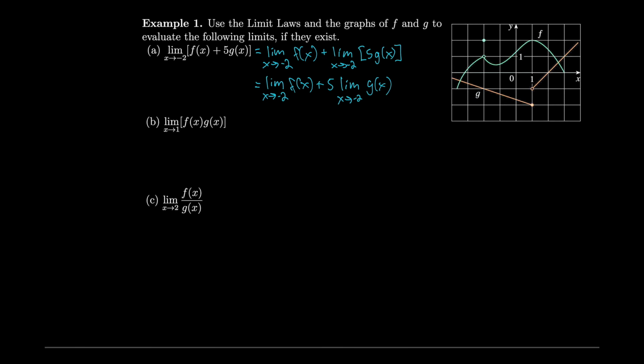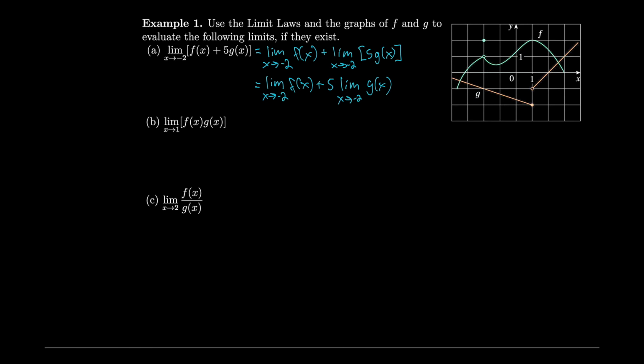Okay, so now let's take a look at our graph. As x approaches minus 2, moving along f, we can see that it approaches 1, no matter where we travel from.